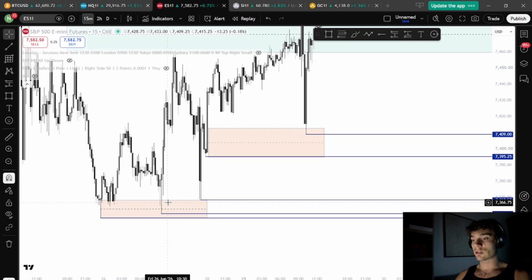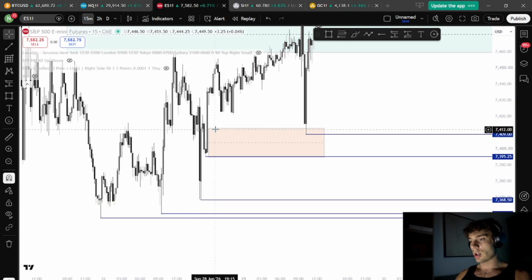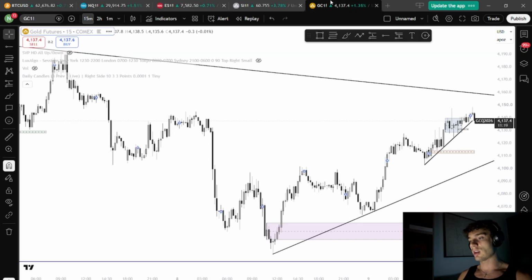It might happen short term, but long term these areas are just called liquidity engineering. So the market is engineering all this liquidity so it can come back down and take all of it.